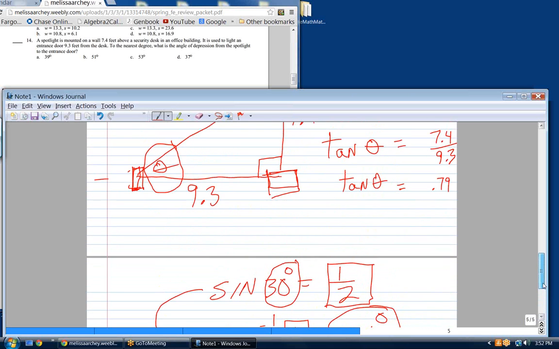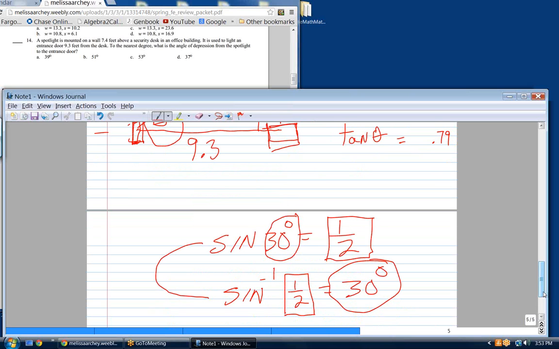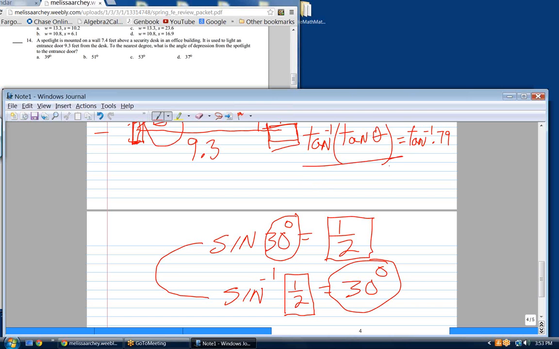Okay, I see. So if we go back to this step right here, and we're solving for theta, the other way you can look at this is I am going to take the inverse tangent of both sides. When I take the inverse tangent of the left side, these two cancel and I'm left with theta.